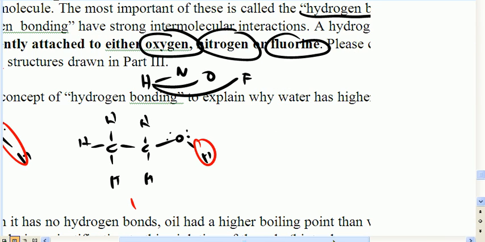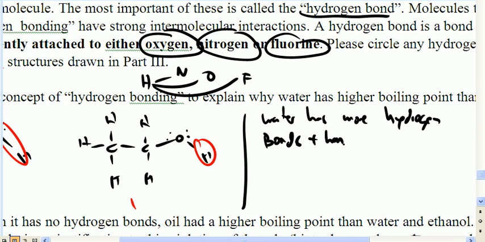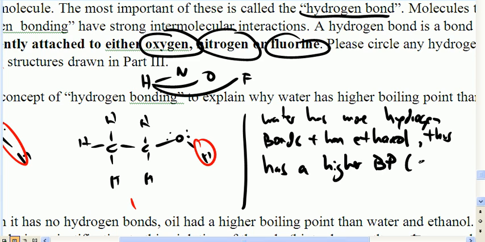So we can simply say that water has more hydrogen bonds than ethanol. Thus has a higher boiling point. All right.